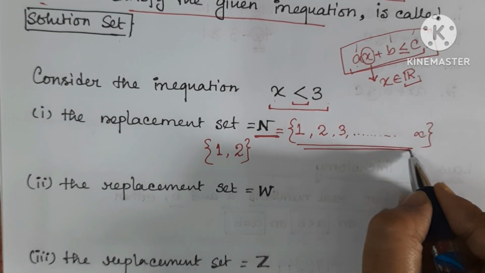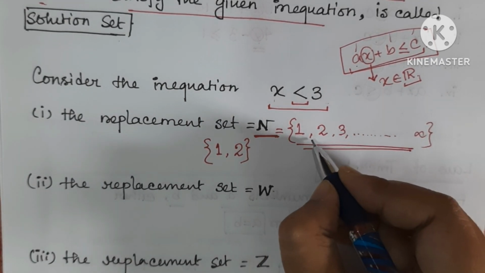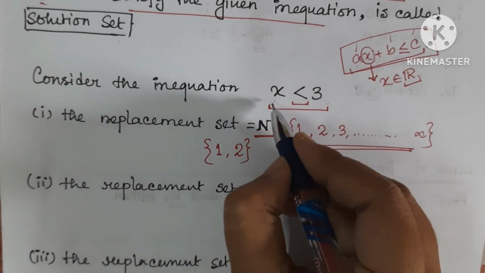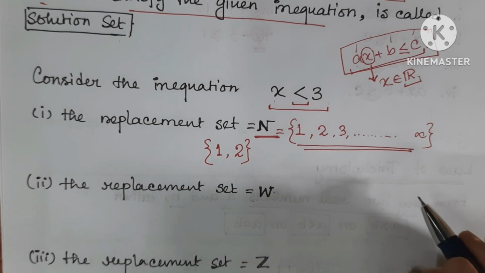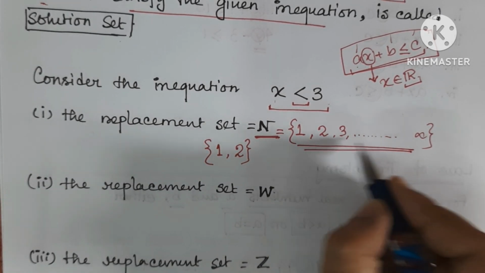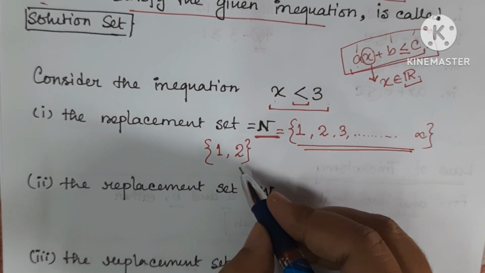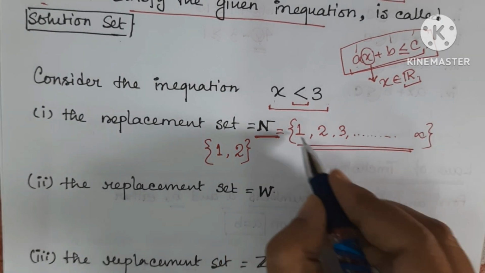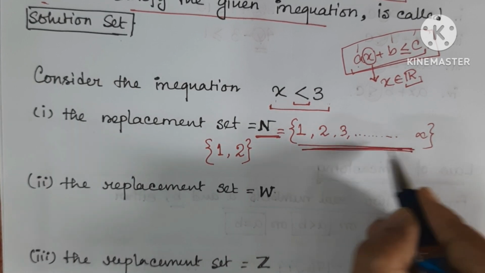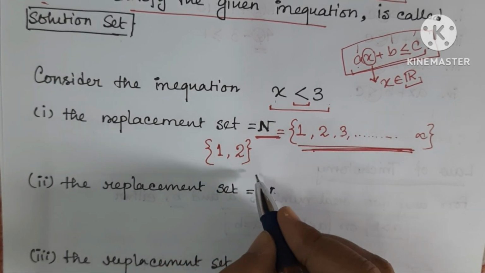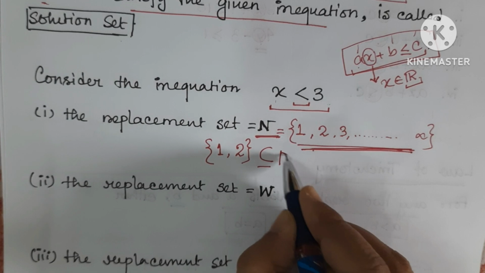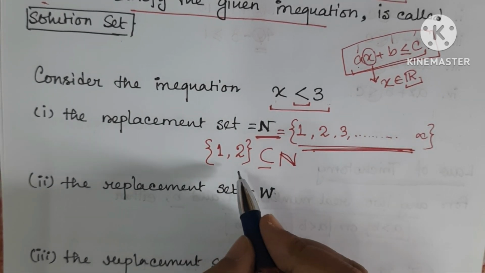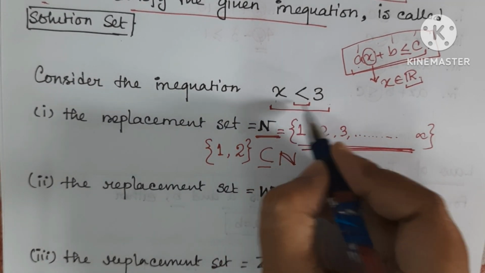This is the replacement set. That means from where this value of x has been chosen. But it is not the solution set. Solution set will be a subset of this N, and whose values will satisfy this inequation.